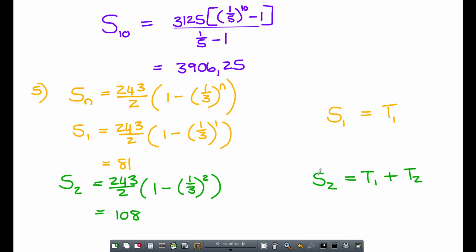Okay, so if the sum of 2 is 108, term 1 we know is 81, dan weet ons, term 2 gaan wees 27. Remember, term 1 plus term 2 must give me 108. So I substitute in the sum of 2, we worked out here, and that was 108. Julle is nou glad hier by nie, né? Nee, ekskuus. Sorry, daar het ek verkeerd geskryf. Sorry. Dankie, ja. 27. Sorry.